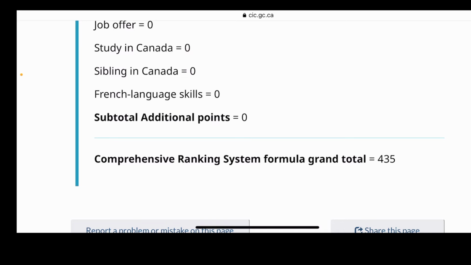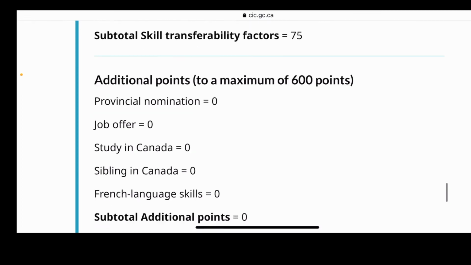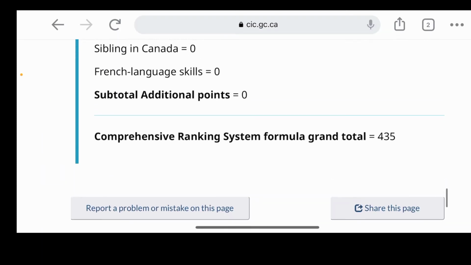Now, to put this in context, in the recent draws that are being conducted, with the cutoff mark being at a total of 542, Tola would not stand a chance with this score. It's only if Tola has a comprehensive ranking system grand total above 542 that she can stand a chance.